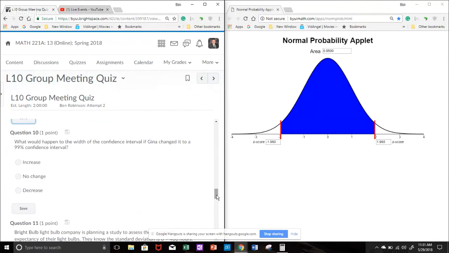What would happen to the width of the confidence interval if Gina changed it to a 99% confidence interval?